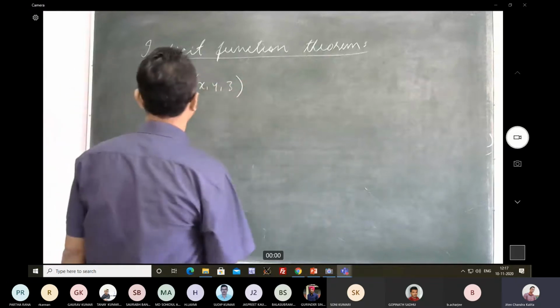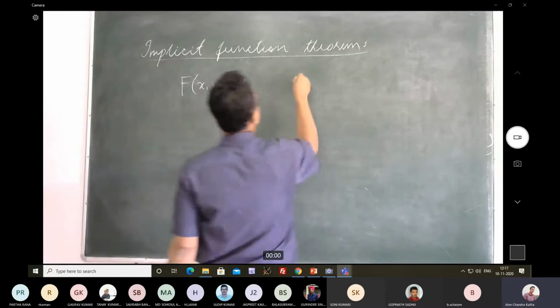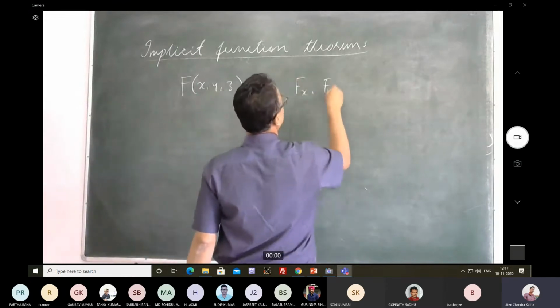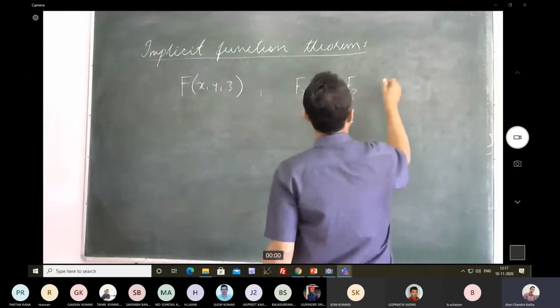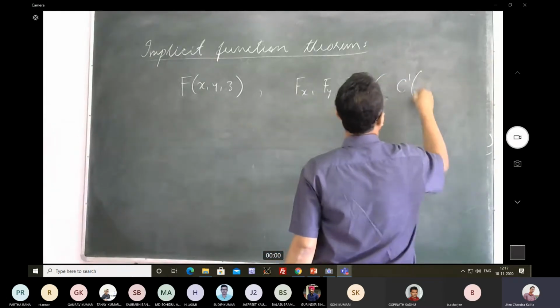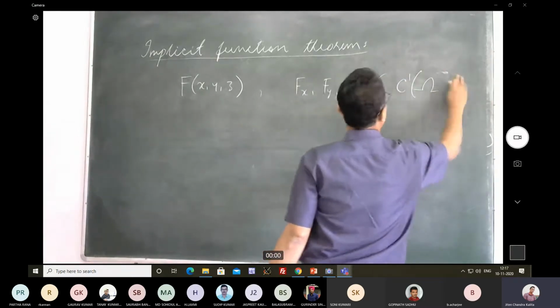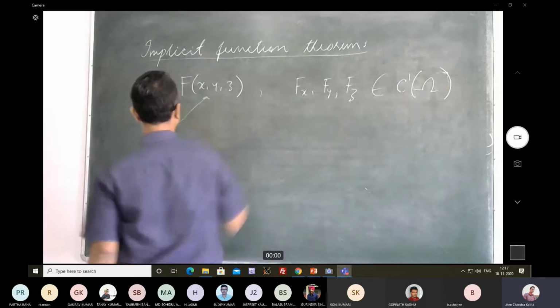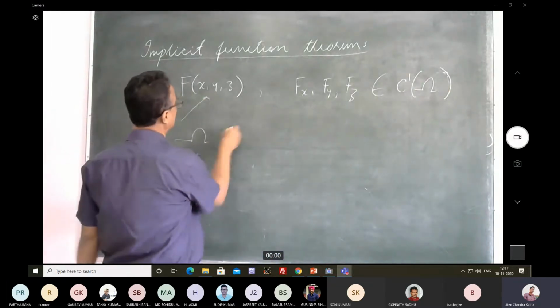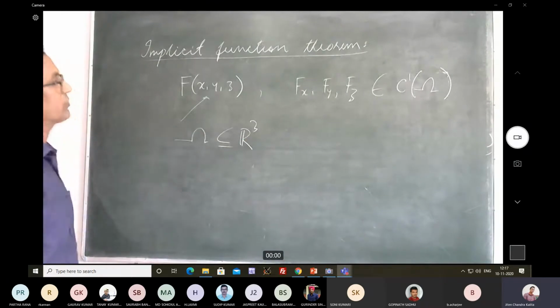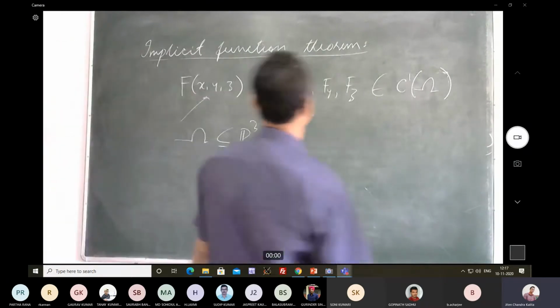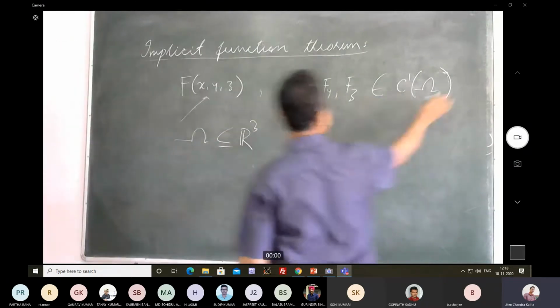I am also assuming that the partial derivatives of capital F are continuous, in some domain omega, which is a subset of R3.